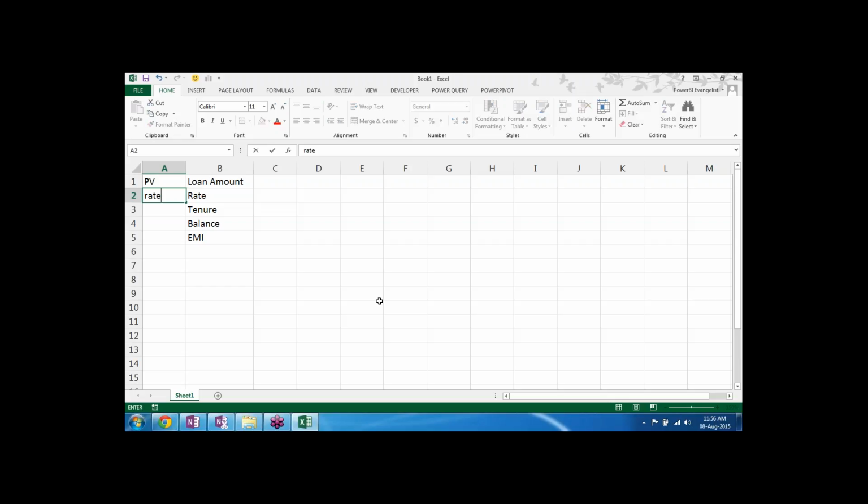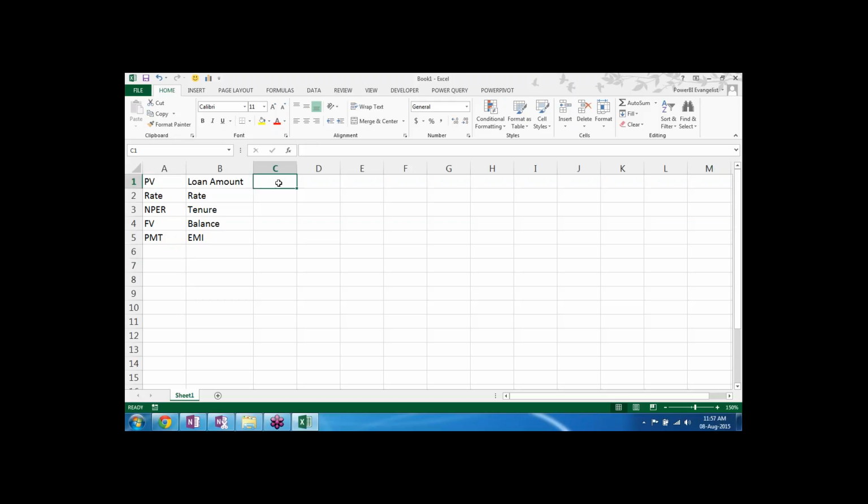Rate is known as rate. Tenure is known as NPER, or number of periods. PER stands for period. Balance is termed as FV in Excel, which stands for future value. And EMI stands for PMT, meaning payment. So these are the terms that are maintained in Excel.